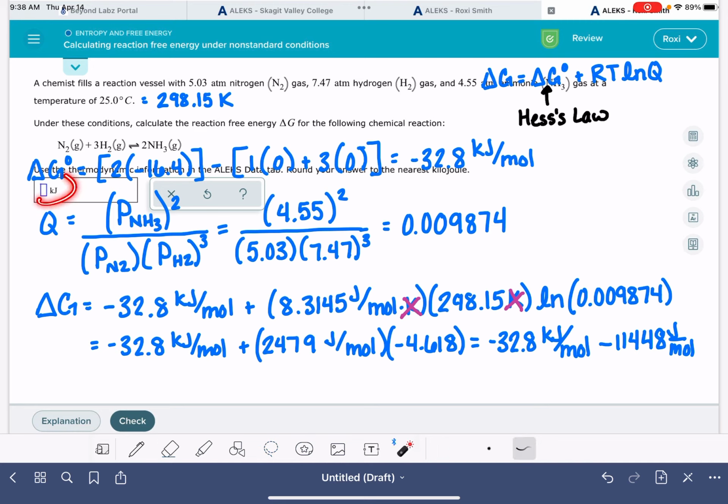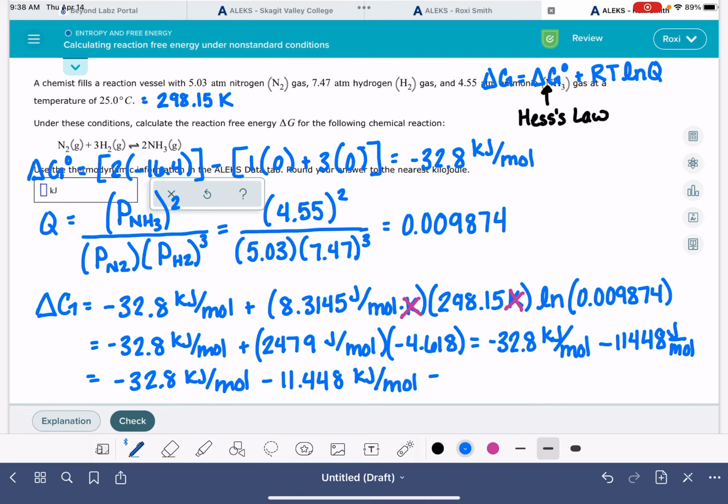If you notice, the ALEKS problem wants the answer to be expressed in units of kilojoules. So I think probably the easiest thing is going to be to convert my joules into kilojoules. That's going to be negative 32.8 kilojoules per mole minus 11.448 kilojoules per mole. I'm just dividing by 1,000 over there.